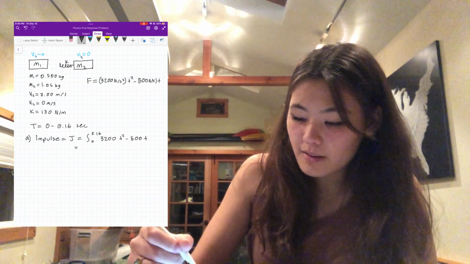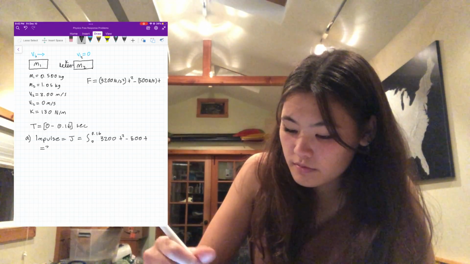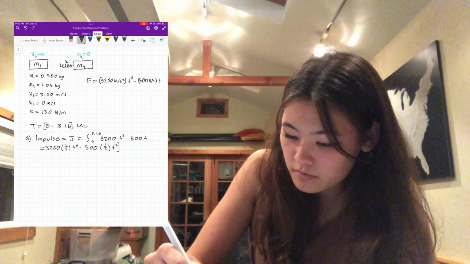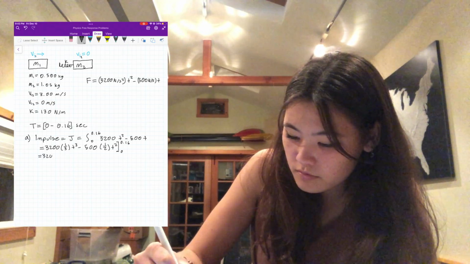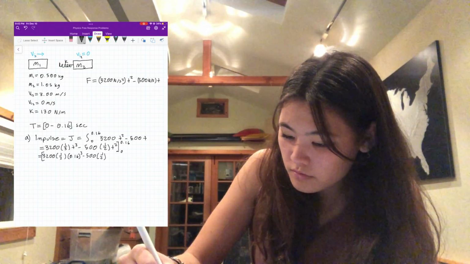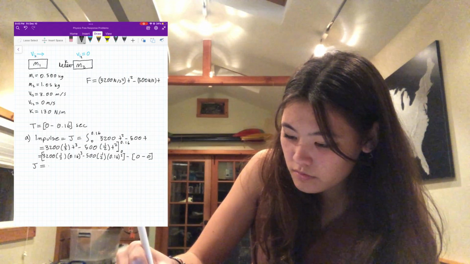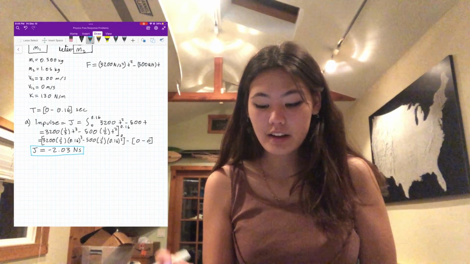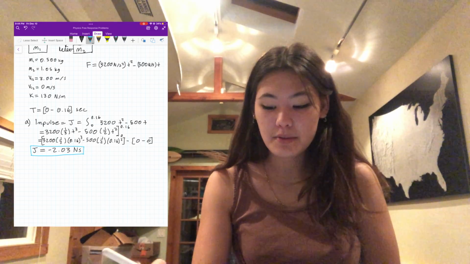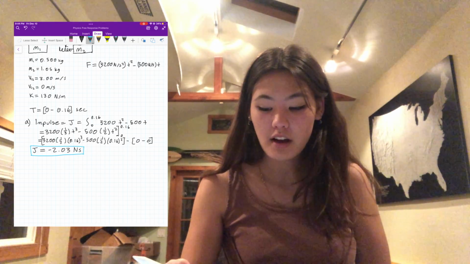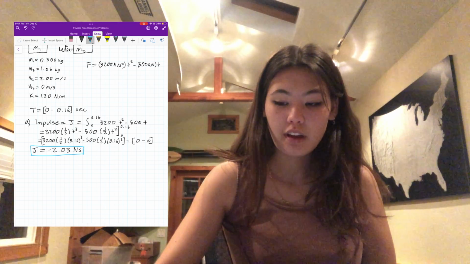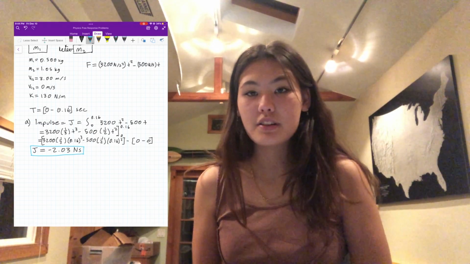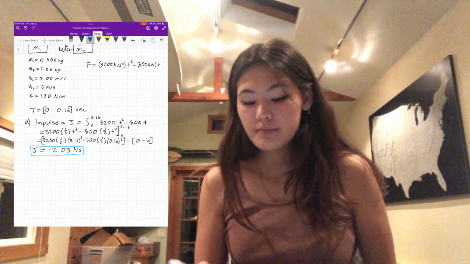So let's do that. Okay, so we took the integral and we got negative 2.03 newton seconds. And that is what we have for impulse. That's the total impulse delivered to cart 1 during this collision.